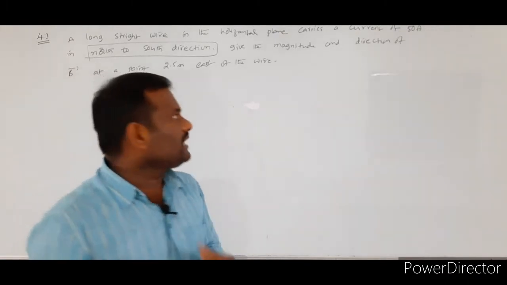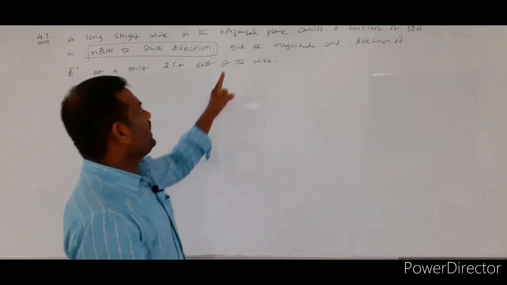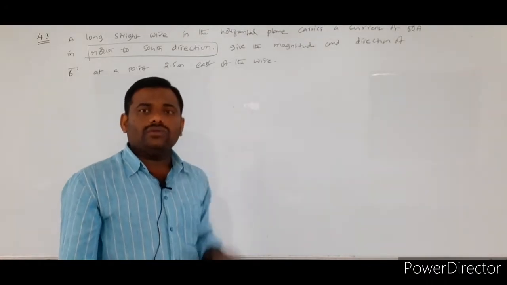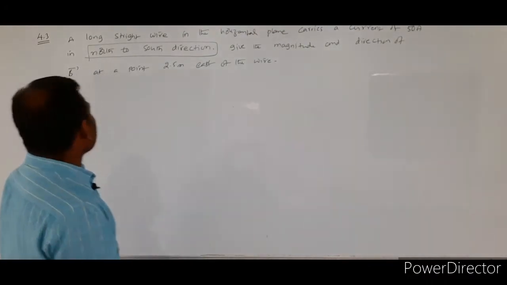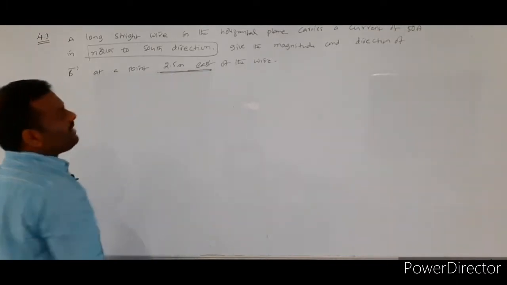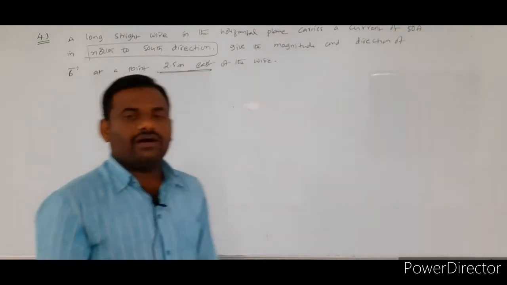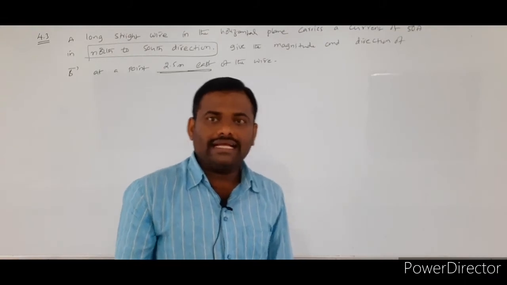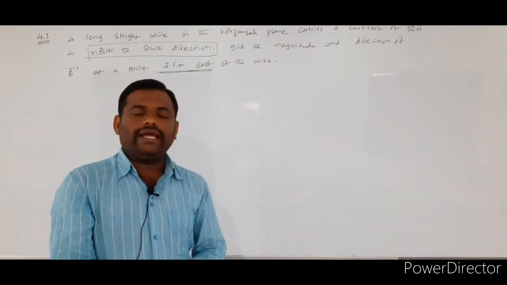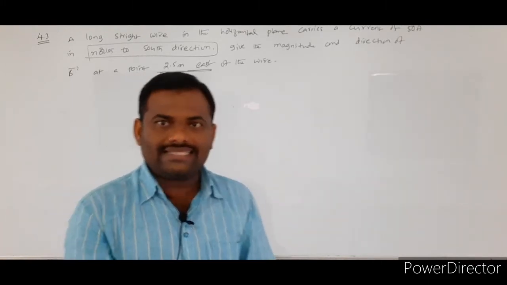North to south direction. Then what are they asking? Give the magnitude and the direction of the magnetic field at a point which is 2.5 meter east of the wire. So here we have to calculate both magnitude as well as direction.